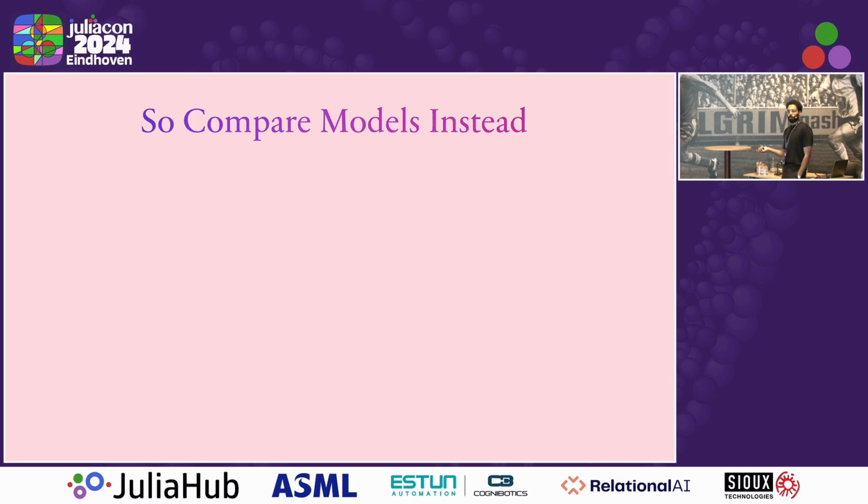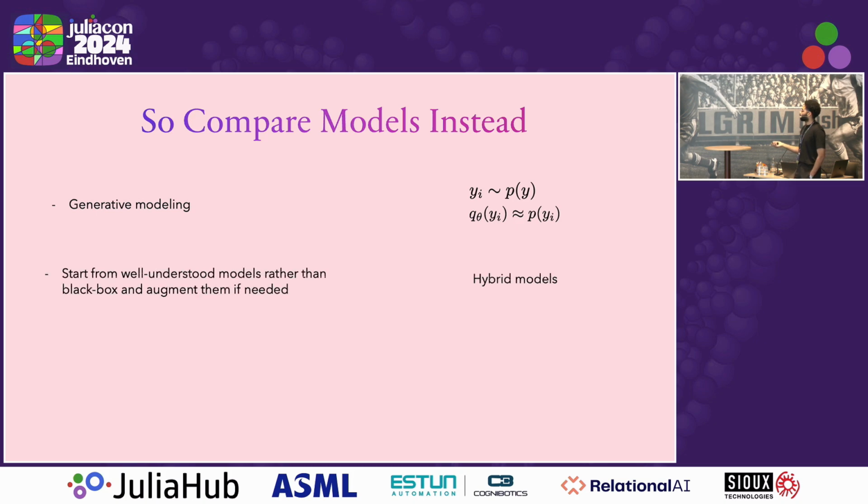So a different approach we're looking into is to compare different models instead, and we treat this as generative modeling. We assume that the data we have are sampled from some distribution, and we're trying to learn a similar distribution using our models rather than doing regression.